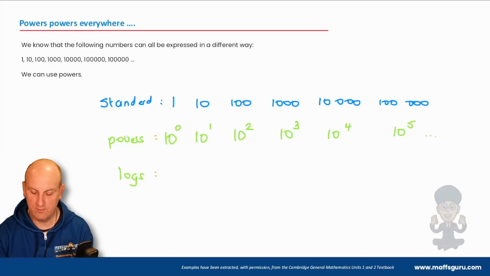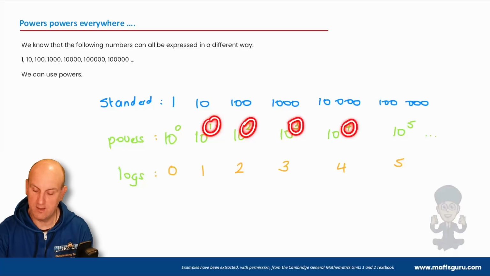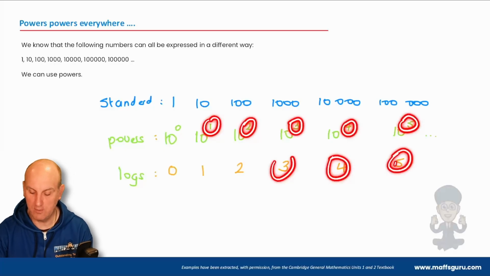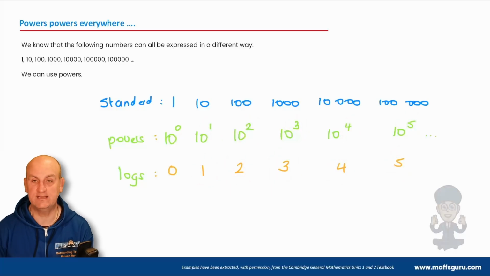Then we would say that the standard number of 1 would have a log value of 0, simply because 10 to the power of 0 is 1. The standard number of 10 would have a log number of 1, 2, 3, 4, 5, and so it goes on. So actually, whatever this floaty number is here is basically my log number of the standard. Yes, so that's the shortcut.